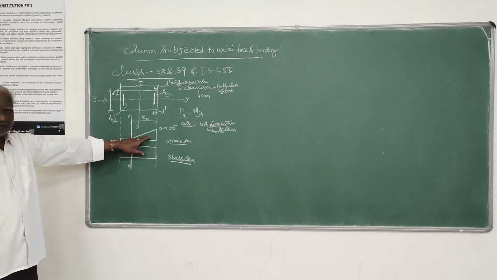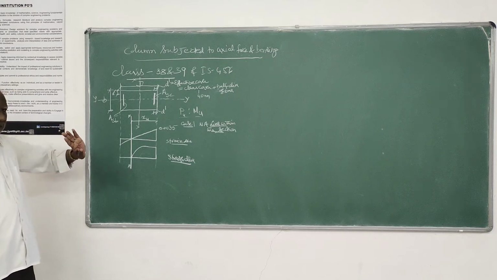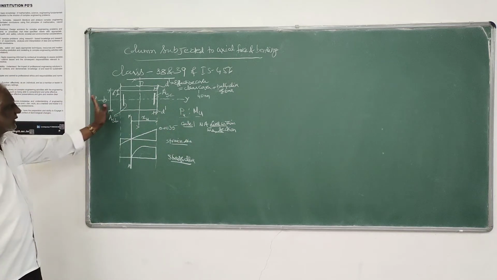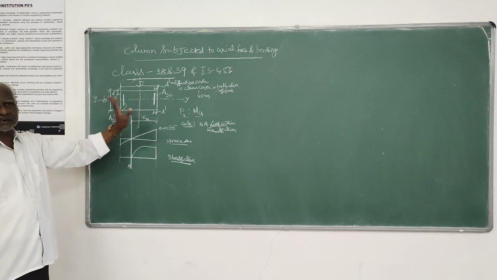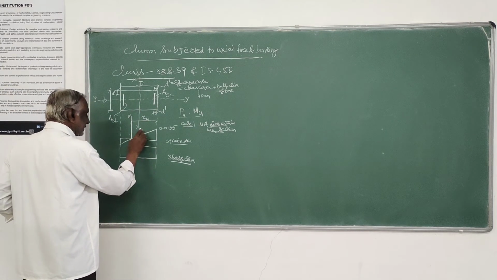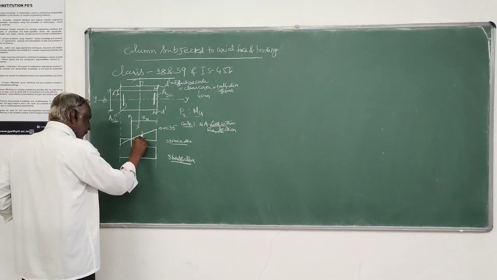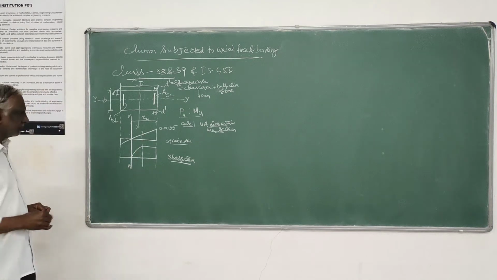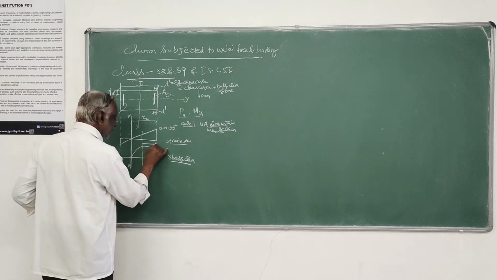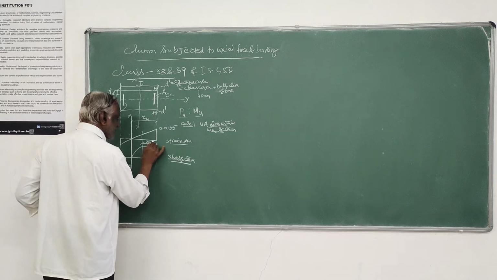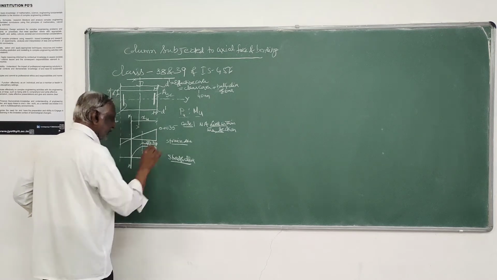The strain diagram will be like this, and the stress diagram will be like this, when the neutral axis lies within the section considered. The distance up to which the uniform stress occurs is usually equal to 3/7 of xu. That's also given in the code.